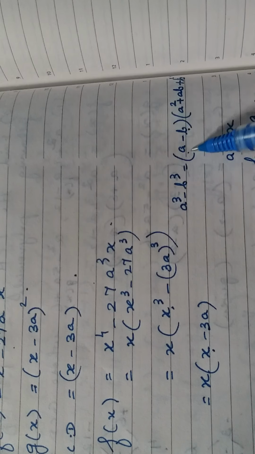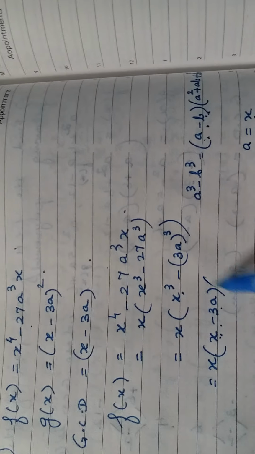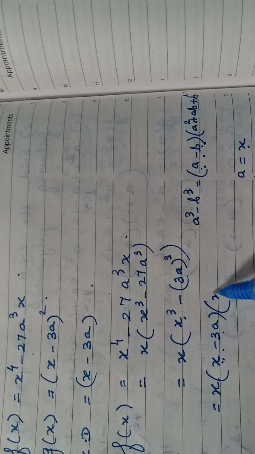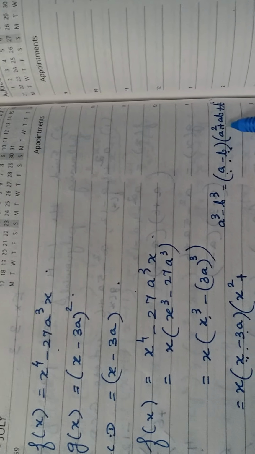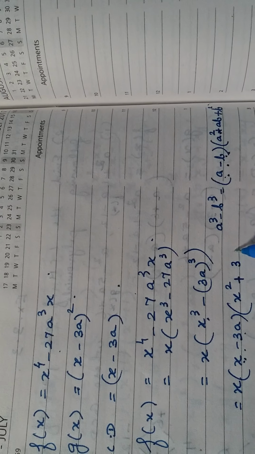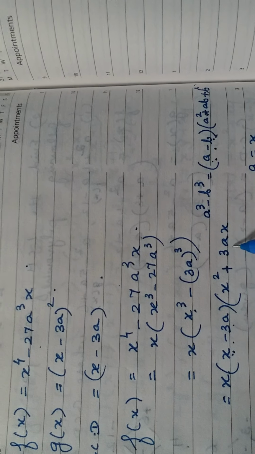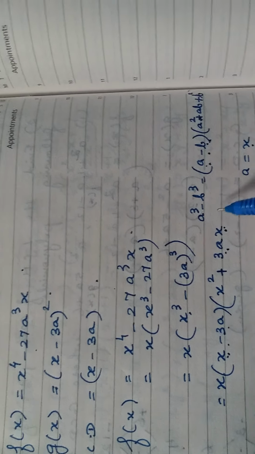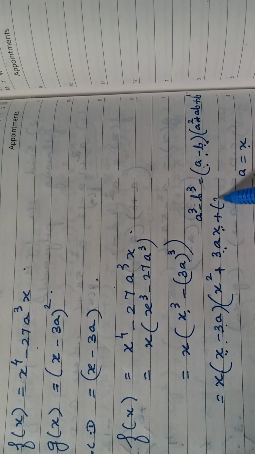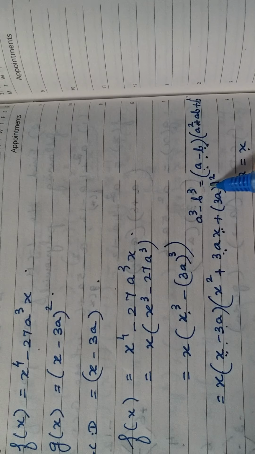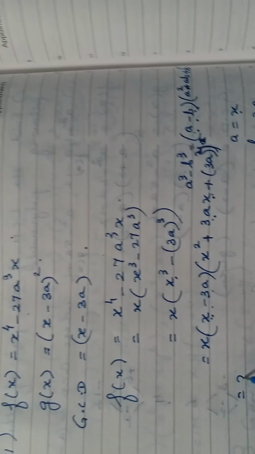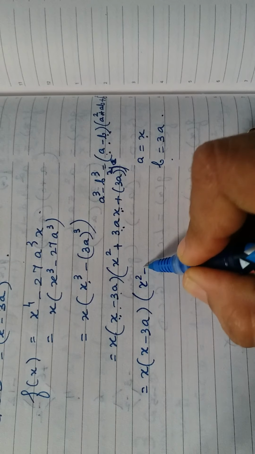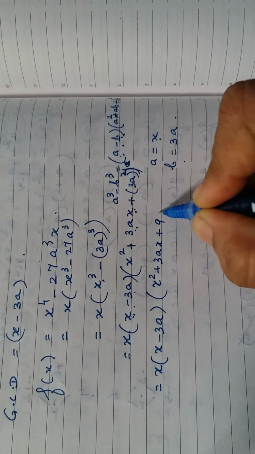So x you write as it is, and x^3 minus (3a)^3 will be written as (x minus 3a) into, in the place of a^2, x^2, plus a times b, which is 3ax, plus b^2, which is (3a) whole square. So it is equal to x into (x minus 3a) into (x^2 plus 3ax plus 9a^2).